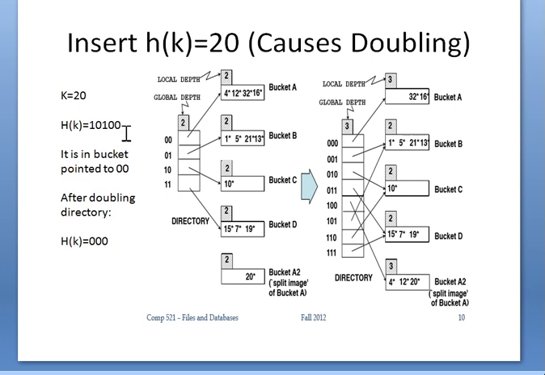Now to insert 20 into my bucket, I need to take the least bits, that is 0 0. Now 0 0 will take me to this bucket A. Is this bucket empty? Do we have any empty space in this? No. Then what should I do? I will double the directory.